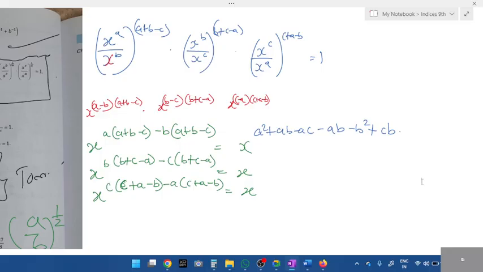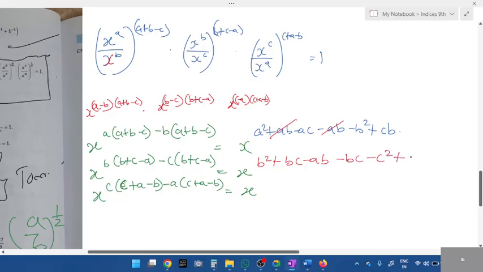Completed, Delicia. Which one gets cancelled? AB and AB, right? Next one. Yeah, next one, what do you get, students? B square plus, then not minus.